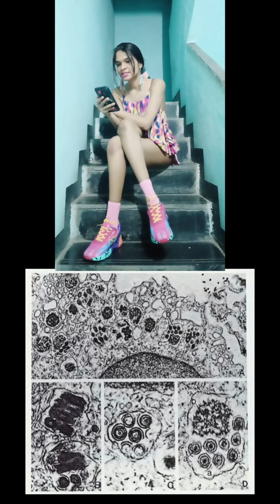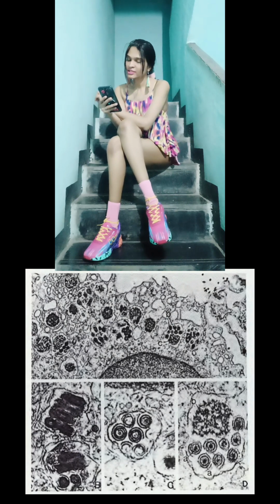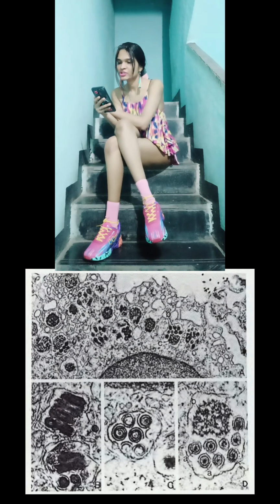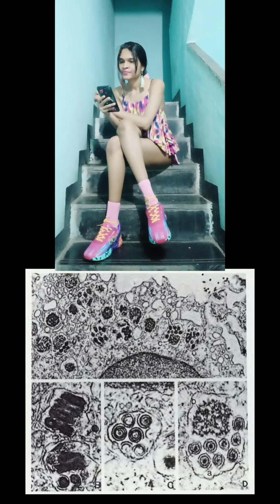This mast cell is distinguished by the fact that many of its granules contain cylindrical structures which are seen in longitudinal section A or in cross section B. So mast cells are less abundantly seen in the stroma, more abundantly at the limbus, and they have these granules and long cylindrical structures. These are seen in the longitudinal section or in cross section. Longitudinal section A and cross section B.